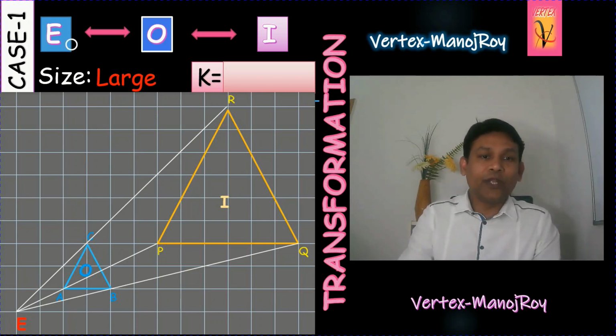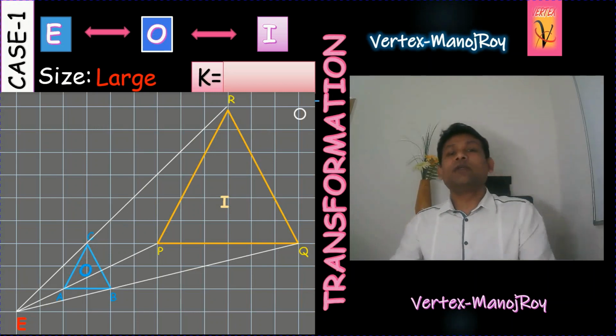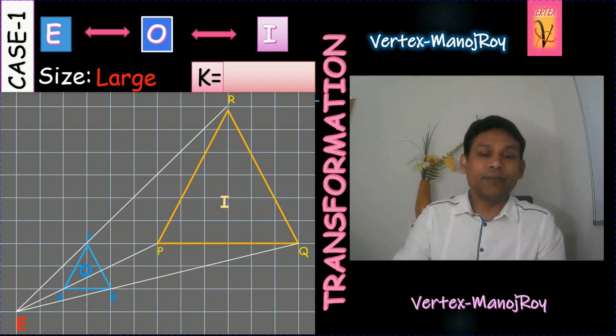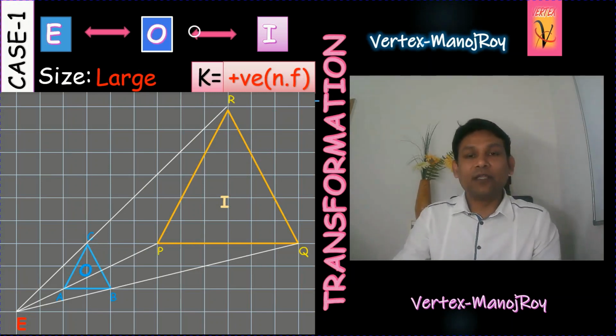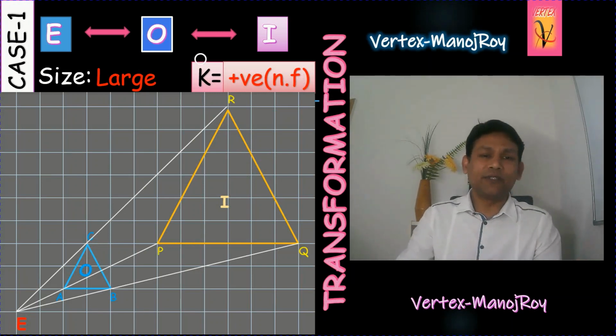One more important thing, where is the position of the center? Is the center in the middle? No, the center is not in the middle. The center is on the left hand side or the right hand side, whatever, but not in the middle. It means k will always be positive, and because the image is large, not a fraction. This is a very important thing. In the first case, the center is here, the object is here, the image is on the right hand side, on the same side, and the center is not in the middle.